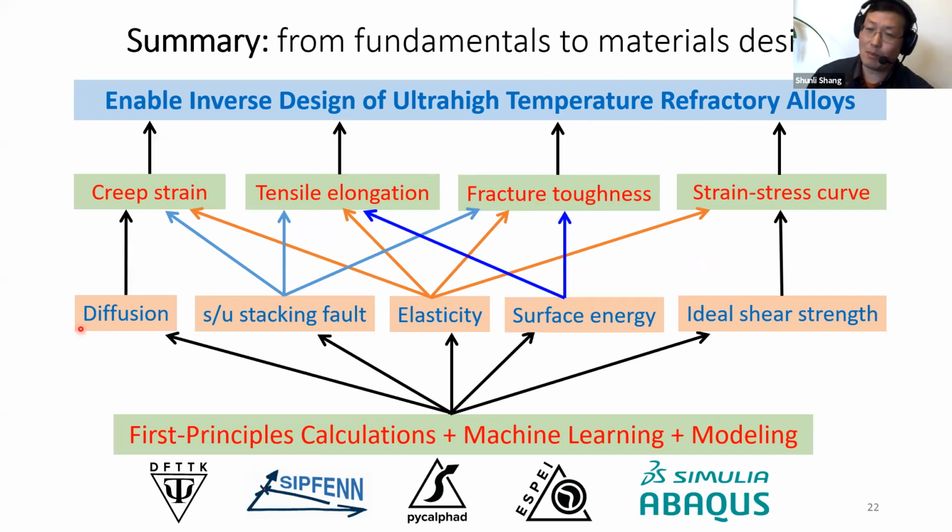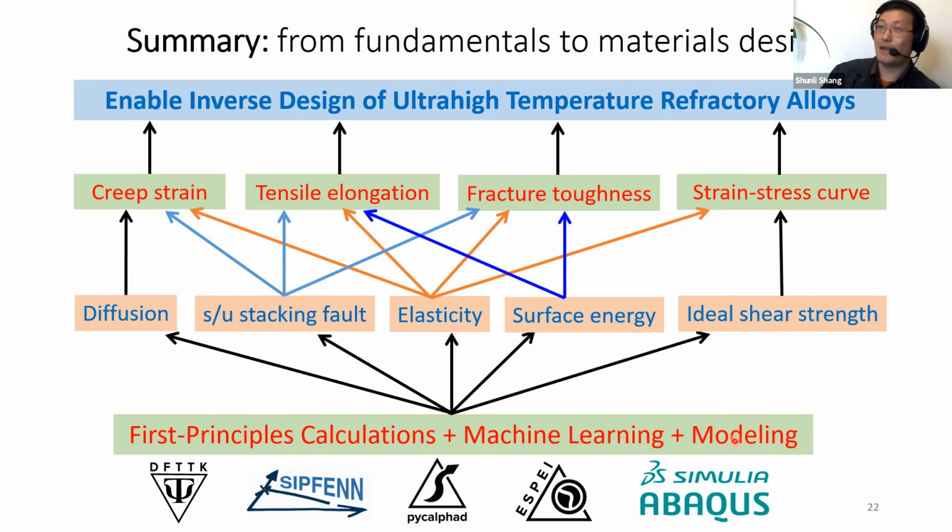The fundamental properties include diffusion coefficients, stable and unstable stacking fault energy, elastic properties, surface energy, and the ideal shear stress. We are mainly based on first principle calculations, machine learning predictions, CALPHAD modeling, and finite element modeling.